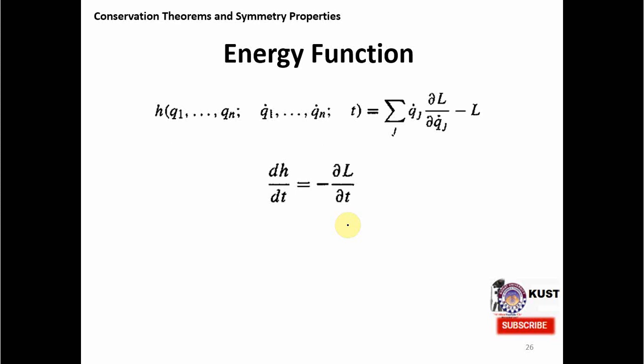And lastly, we have also seen that energy can also be generalized, and the first integral of motion can be written, and the generalized version of the conservation of energy also holds.